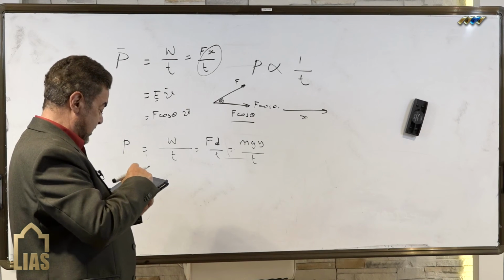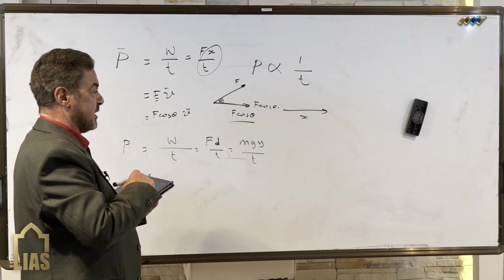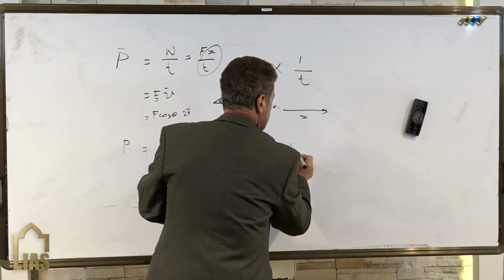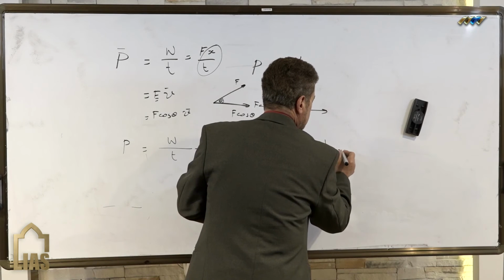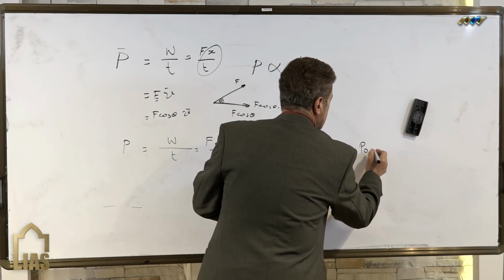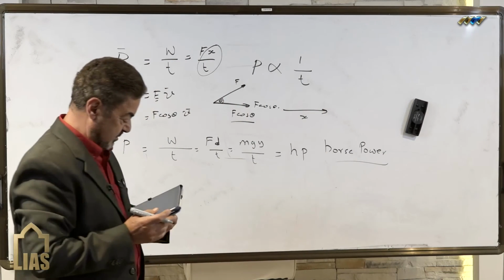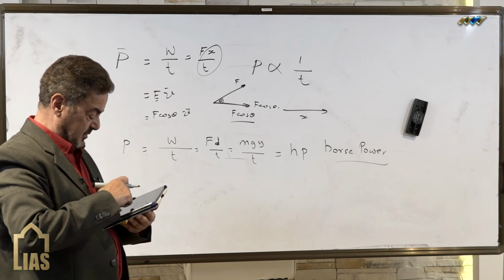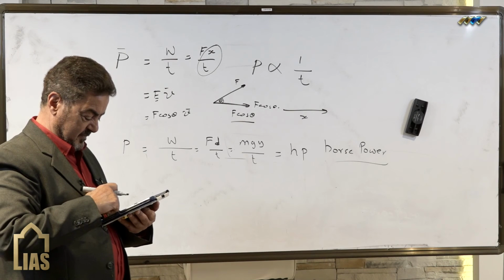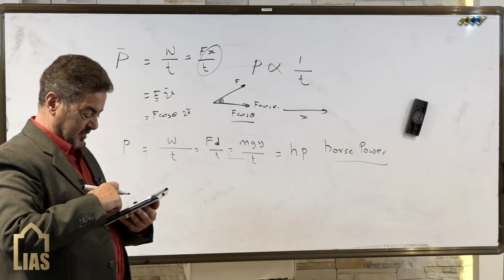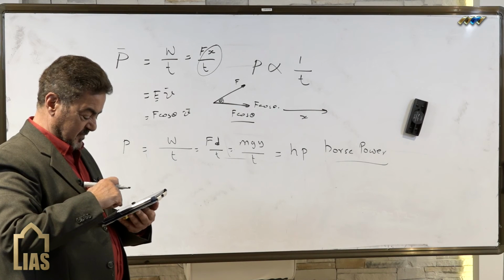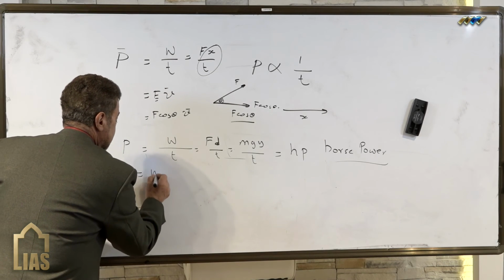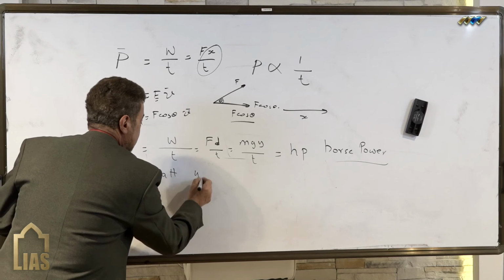The SI unit of P is horsepower, HP. Also we call P watt.